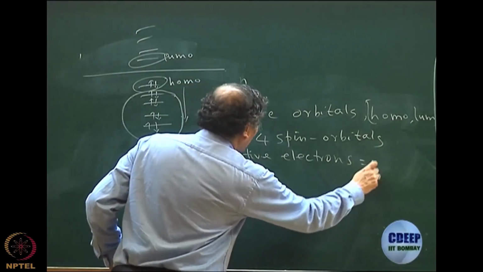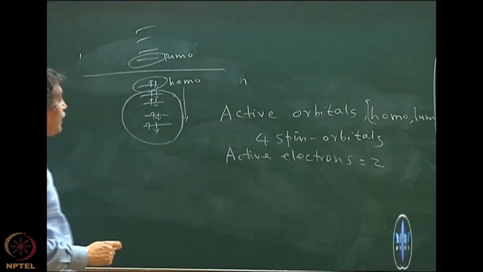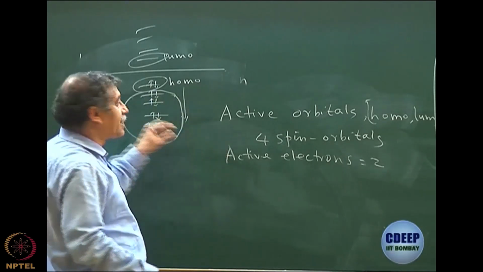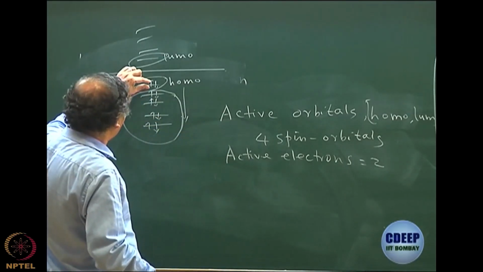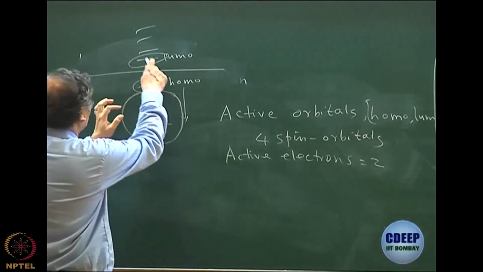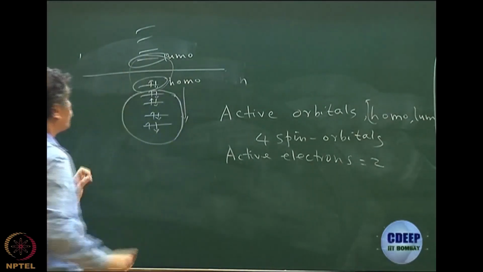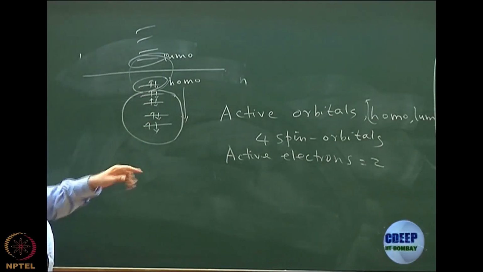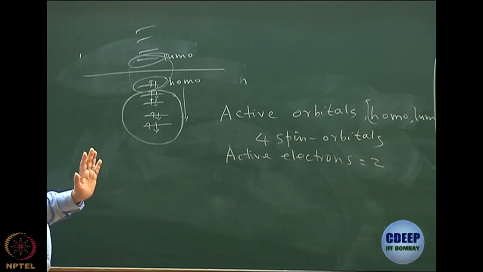Now, without looking at the symmetry, how many determinants can I form between these active orbitals? I am free to excite one of the electrons here, 2 electrons here, whatever. But everything that I do is just between these two special orbitals and involving these two electrons. These 8 electrons are fixed. So how many determinants can I make? Does everybody agree?